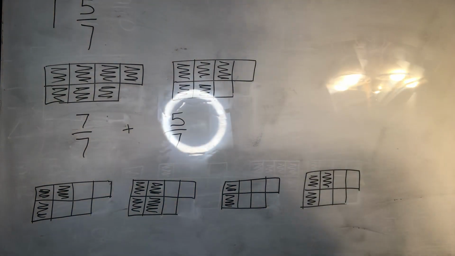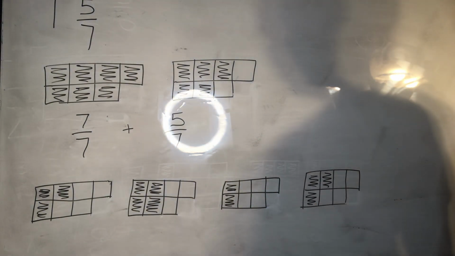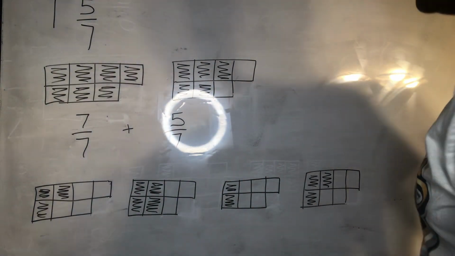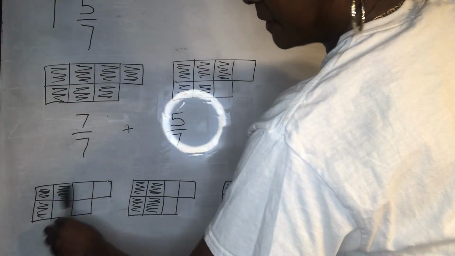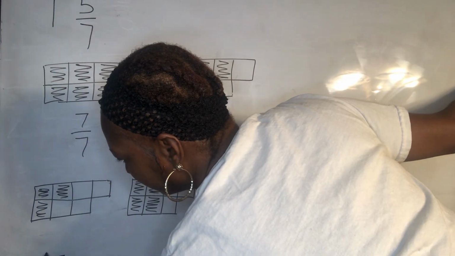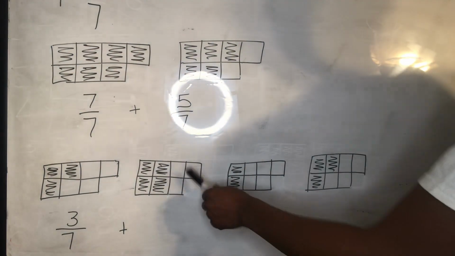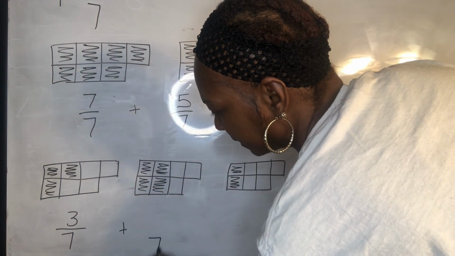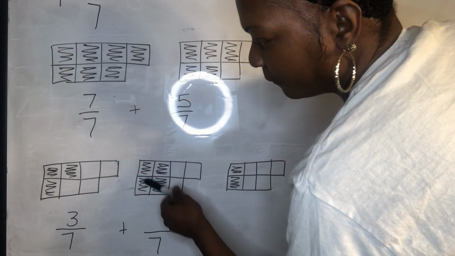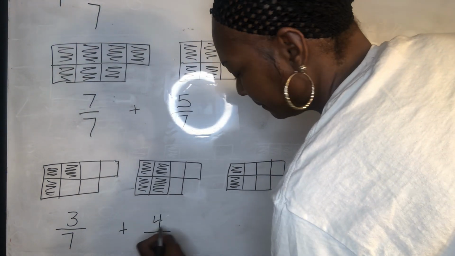Okay, so now we're just going to substitute these diagrams into fractions. So this, we have 7 as our denominator, and we only have 3 shaded in. So that's our 3/7. Then we have the same here, 7 as a denominator, and we have 4 shaded in.